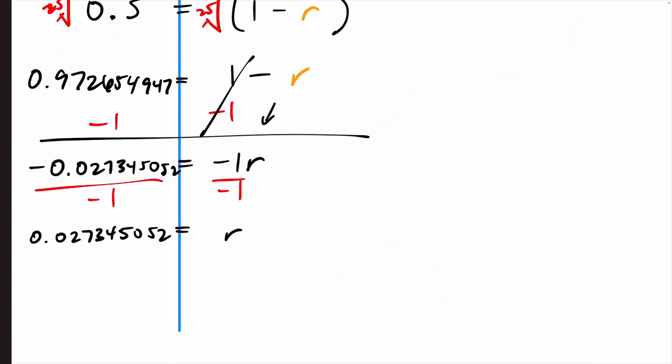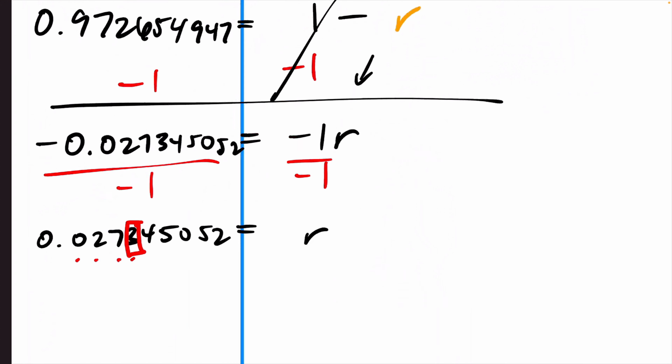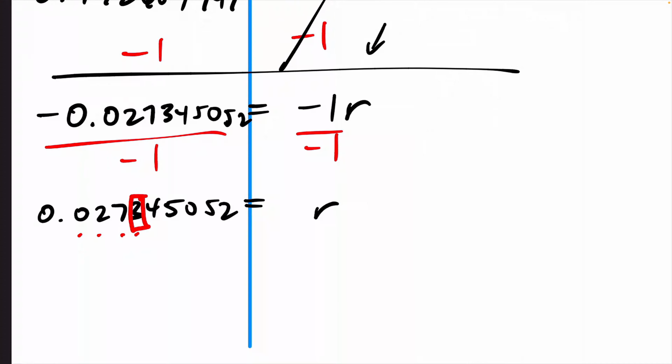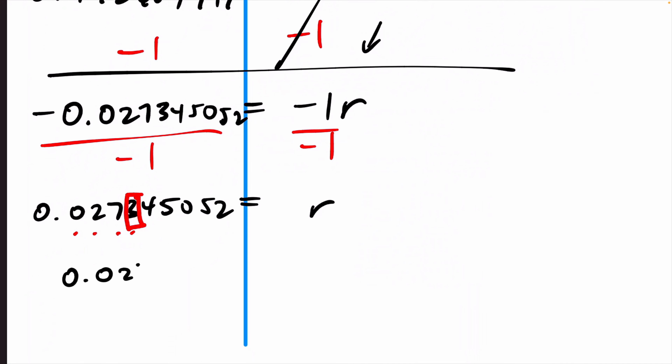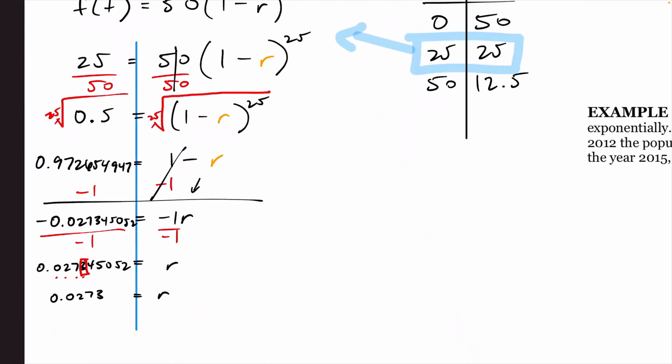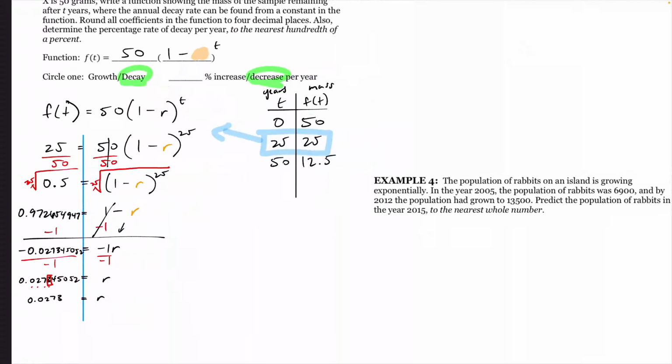Go 4 spaces. 1, 2, 3, 4. So that 3 can stay as a 3, or it can go up to a 4. This one's going to stay. So go back up to your top and fill in that blank you left earlier. That's your r. 0.0273.